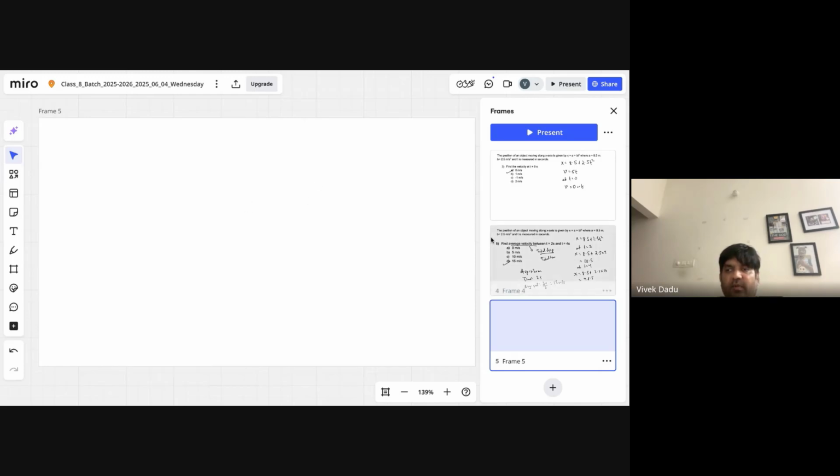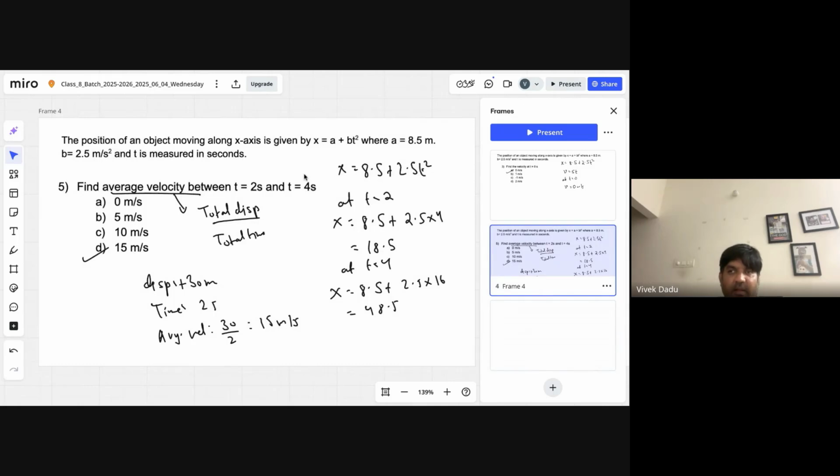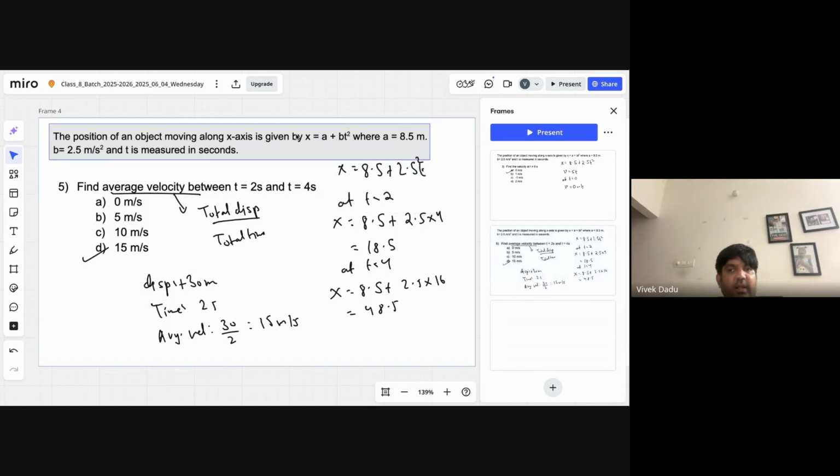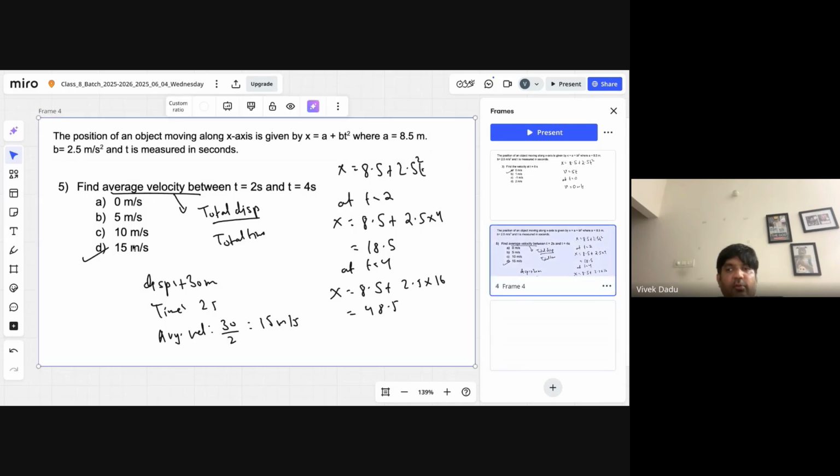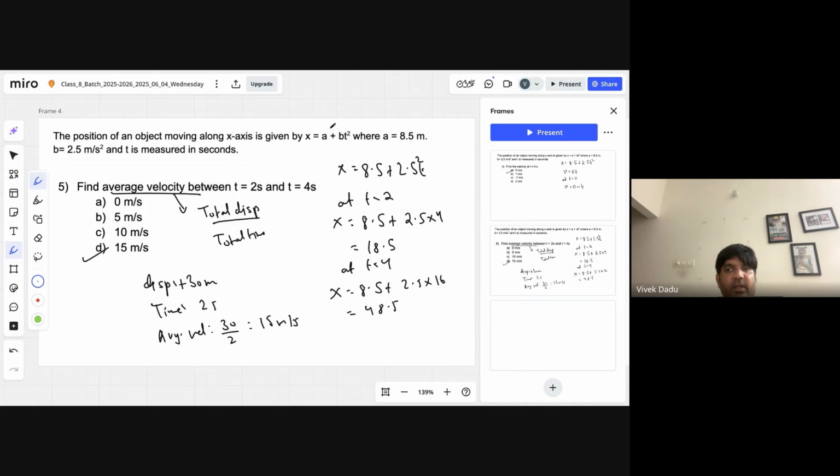CCR, you have to understand why it's given like that. X is what in this equation? Position. So what is the unit of X? Meter, right? So if X ka unit is meter, A ka unit should also be meter, because A ka unit cannot be kg, right? You cannot equate two things, one length.